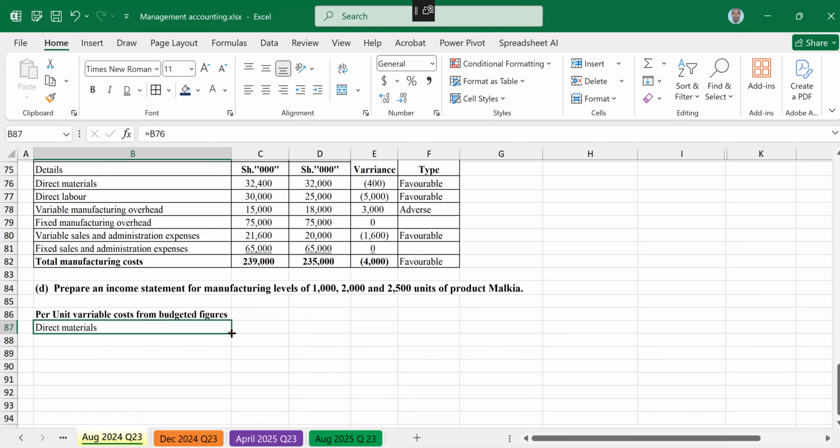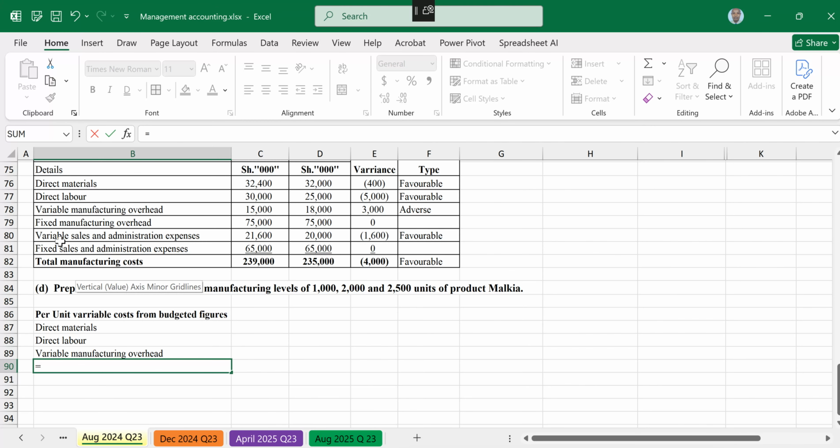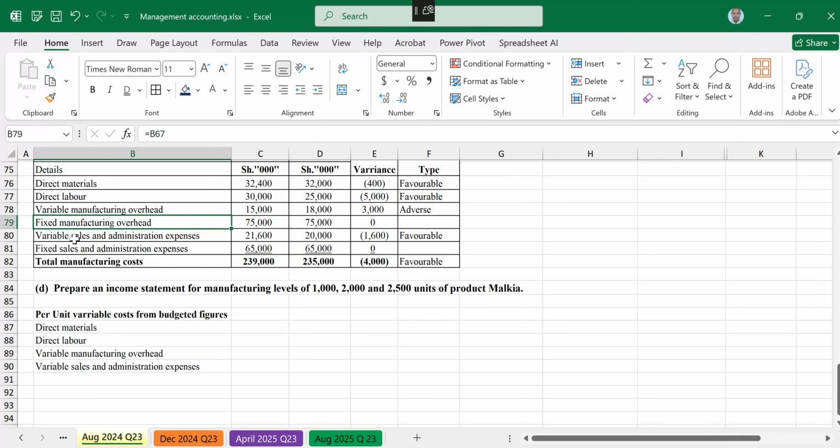Another one will be direct labor. Another one is variable manufacturing. Then finally we have variable sales and administration. The other two are fixed and they don't have per unit. So what are the per unit variable costs from budgeted figures?